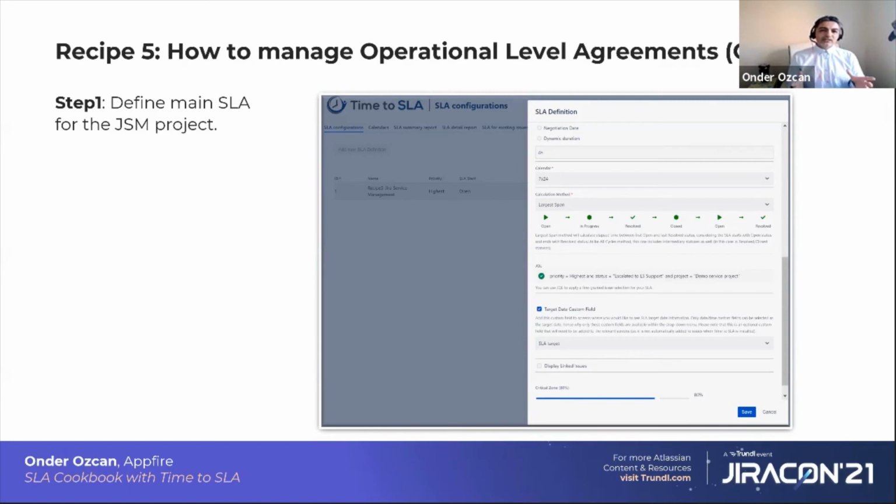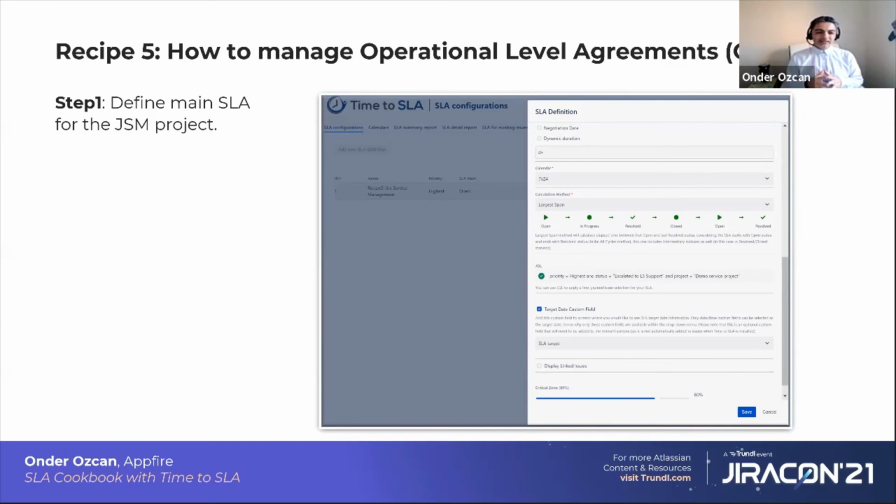By the way, I need to mention that this particular example is implemented by using Time to SLA Cloud, and the first, let's say, four recipes are implemented in the Server and Data Center edition to give you the flavor, because the cloud experience is a bit different from Server and Data Center, so that you can have a feel for what the user experience is for the cloud as well.